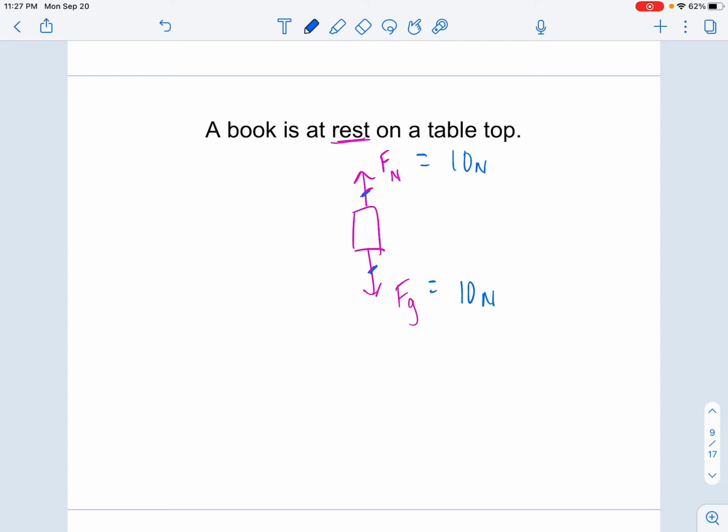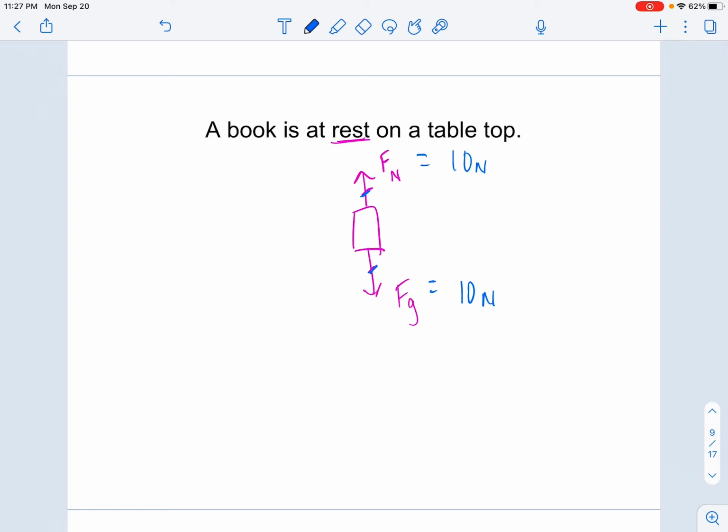Now we are going to do our net force calculation with this. Basically, we're going to do vector addition, where we said that up is positive, down is negative, right is positive, left is negative. And then remember that we also have forward as our positive direction and backwards as our negative direction.